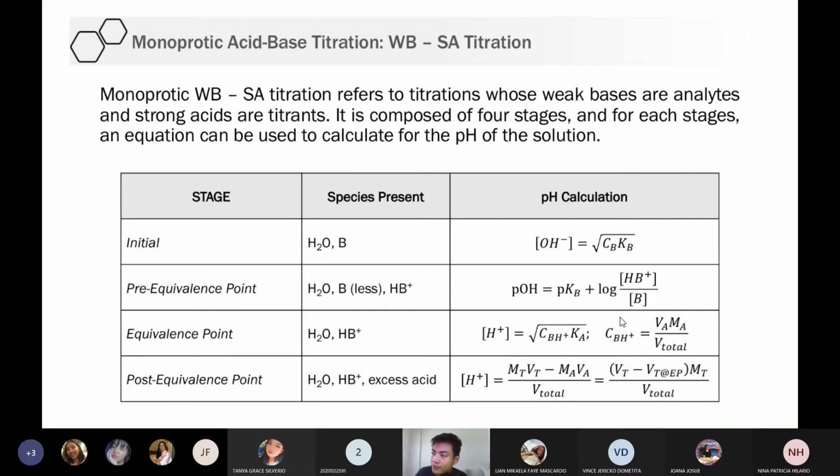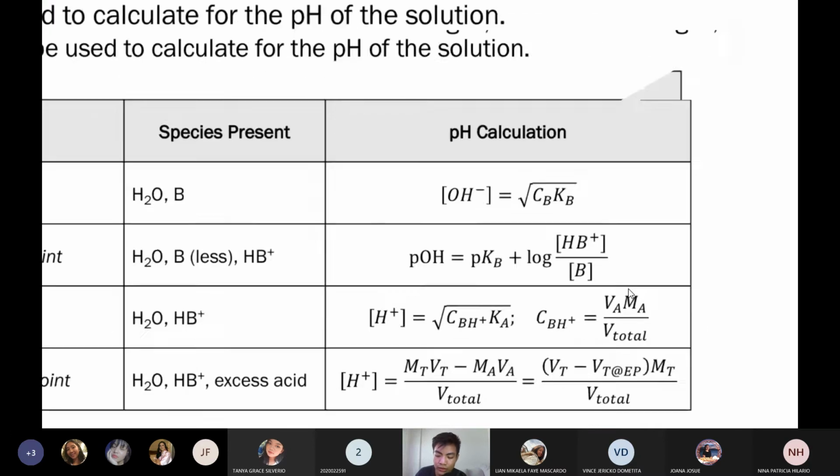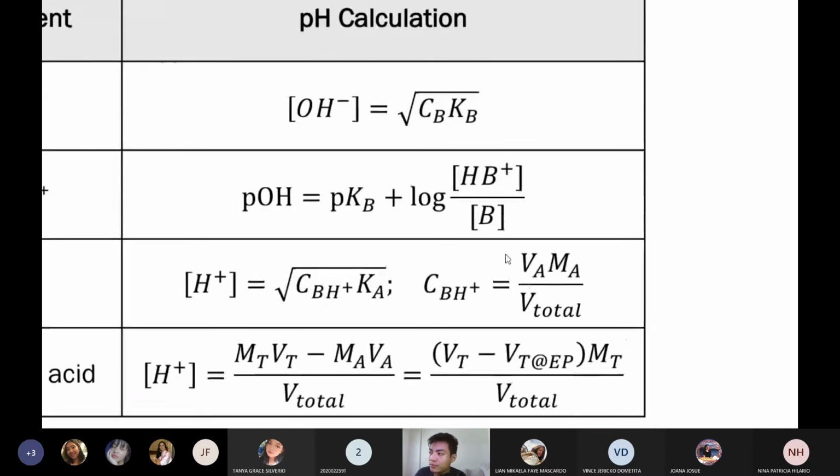Then you have this. The conjugate acid increases in value because we add titrant, so we can express this as MTVT.